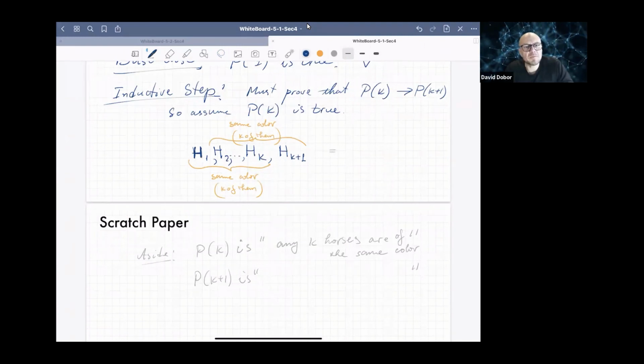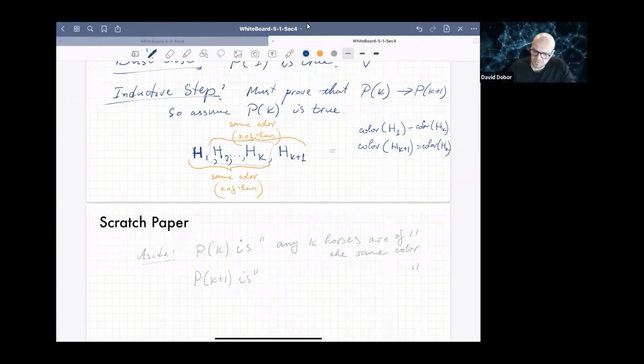Notice what we have. The color of H1 is the same as the color of, let's say, H of k, and I could have taken any other horse in between, at this intersection here. And the color of H of k plus 1 is the same as the color of H of k, by the inductive hypothesis.